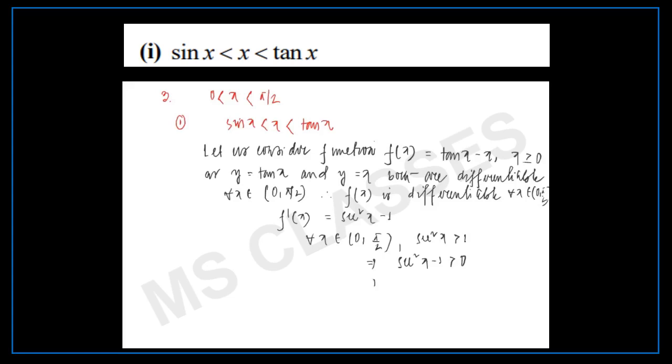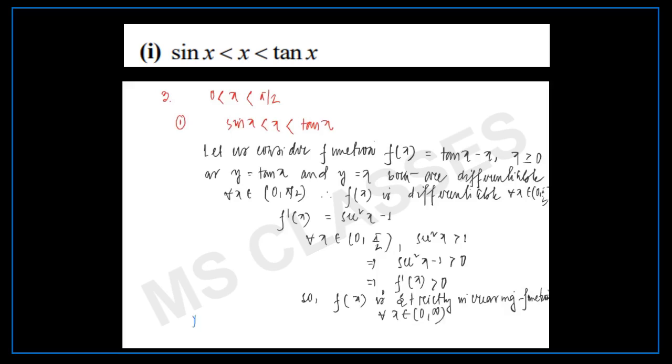This implies f dash x greater than 0. So f(x) is a strictly increasing function for all x belongs to 0, infinity.